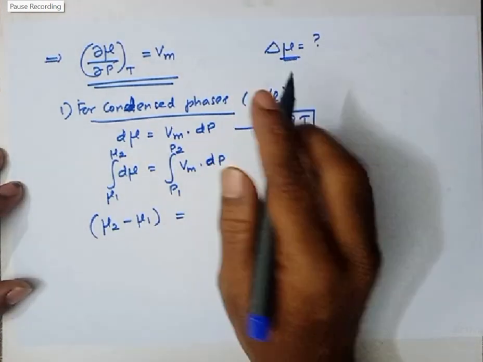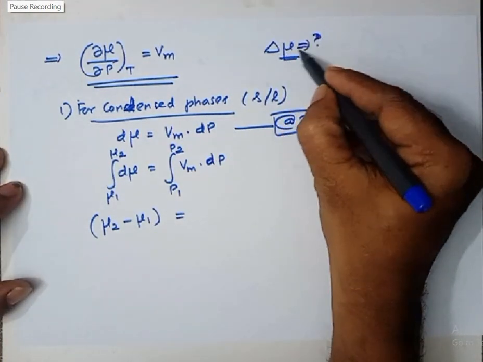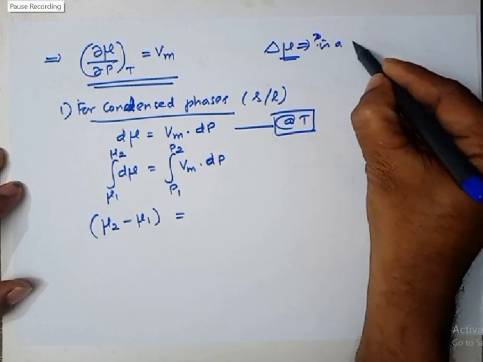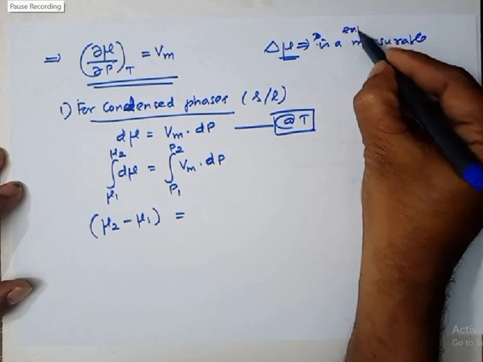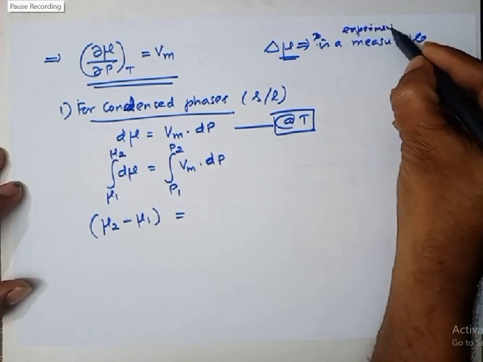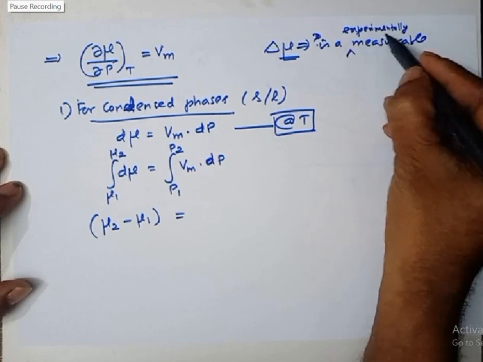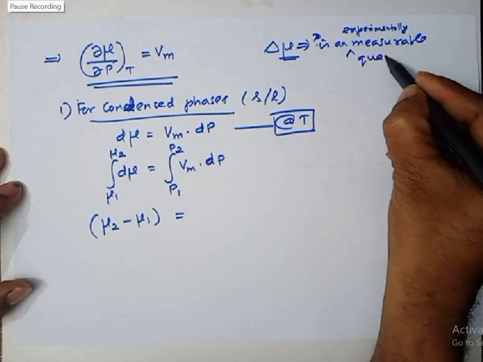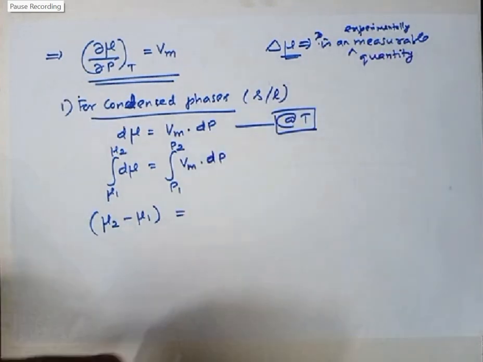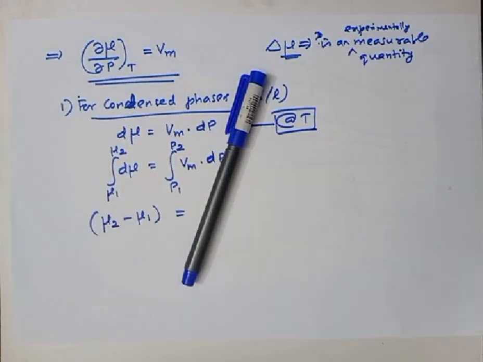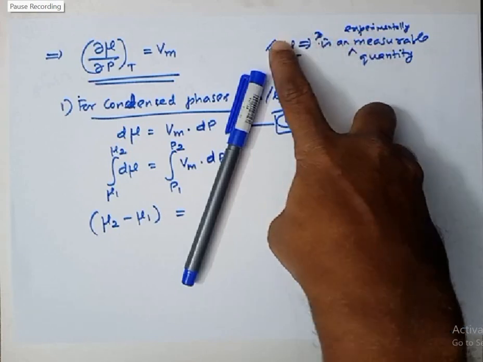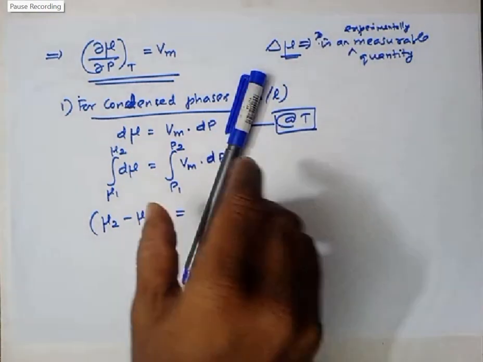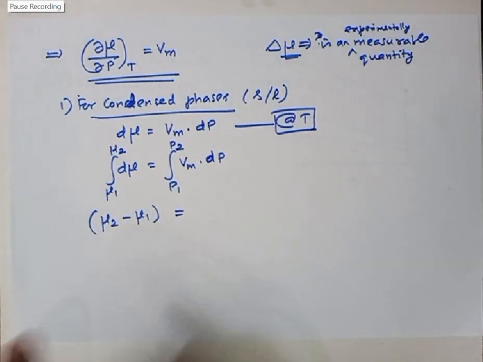One more piece of information: this change in chemical potential, delta mu, is an experimentally measurable quantity. We can measure this experimentally. So the left hand side, mu2 minus mu1, is the change in chemical potential that we can measure experimentally.